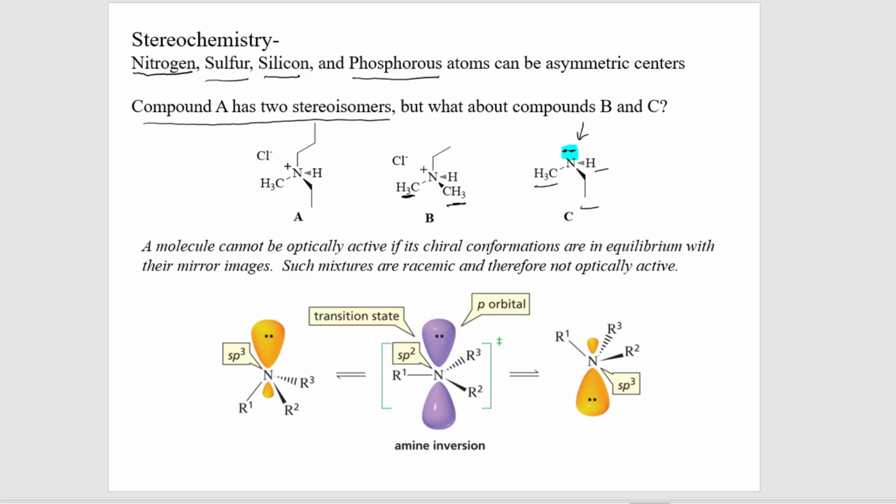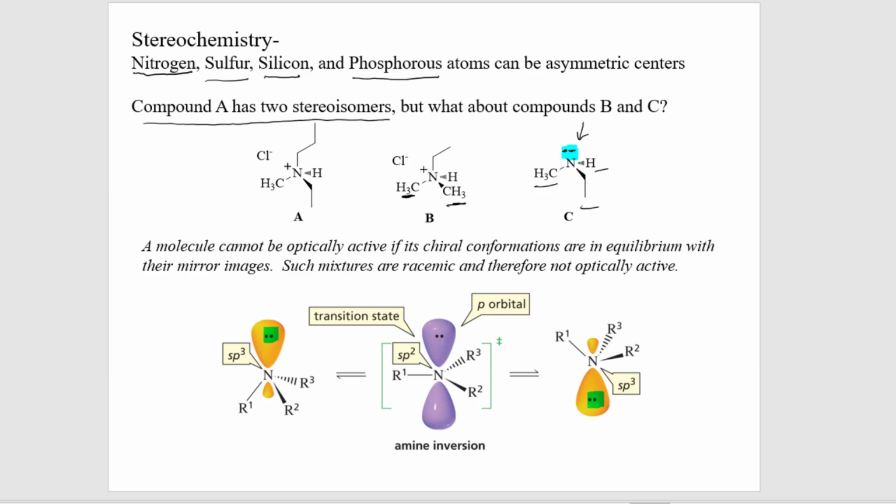And it exists in an orbital that is a hybrid orbital in this case, right? And so you can see the lone pair in its hybrid orbital. But the problem is that because it's not a bond, it actually is in equilibrium with the inverted amine. So this is called amine inversion.